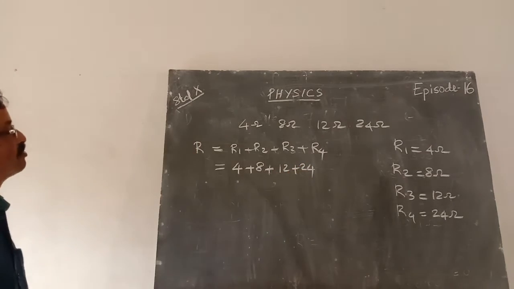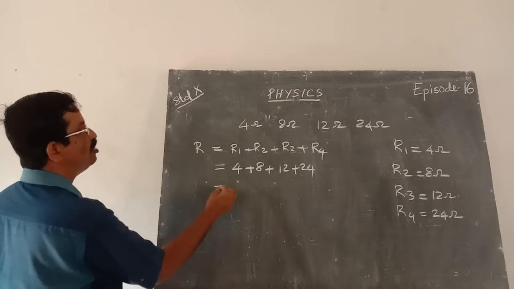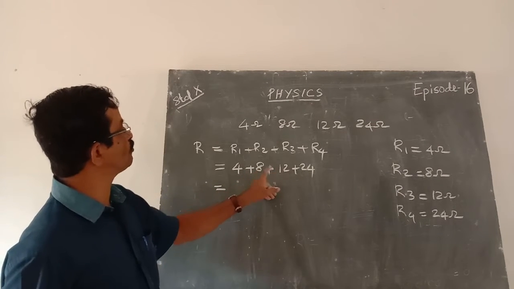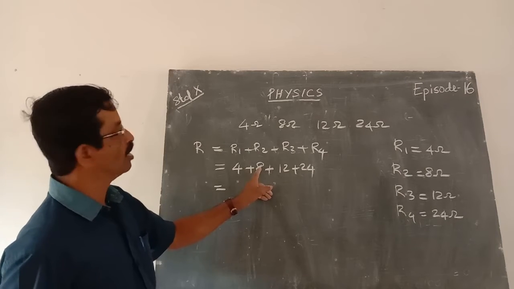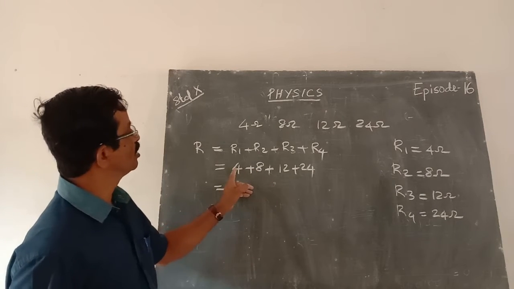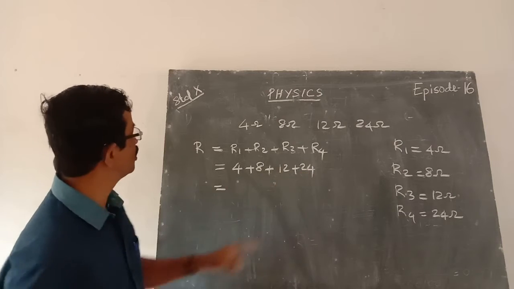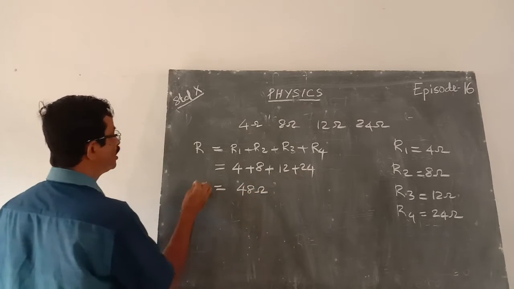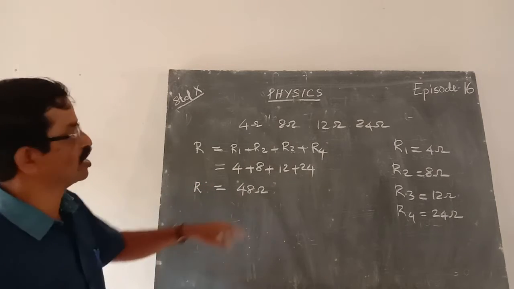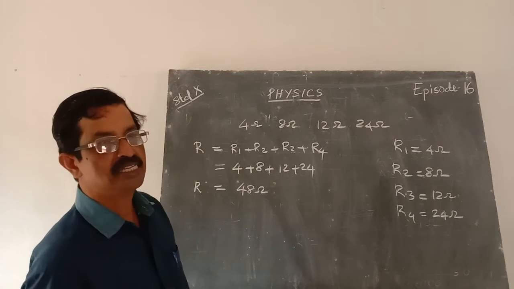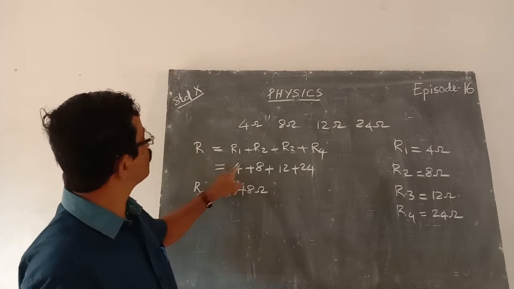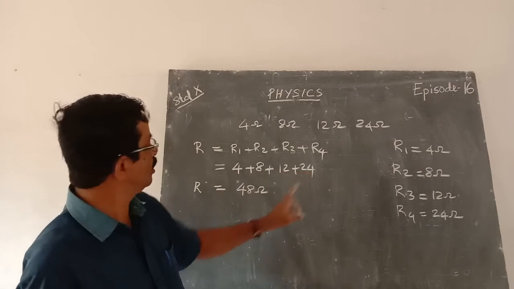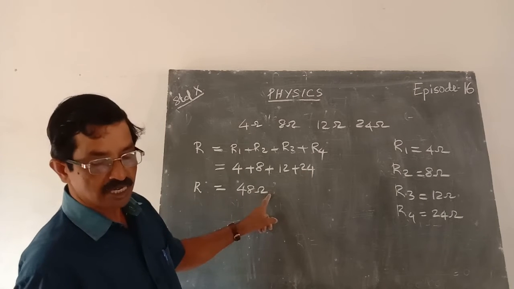How much will it be? We know 12 plus 8 is 20, plus 4 is 24. 24 plus 24, how much will it be? 48 ohm. This is the maximum resistance when they are connected in series. That is 4 plus 8 is 12, 12 plus 12 is 24, 24 plus 24 is 48 ohm.